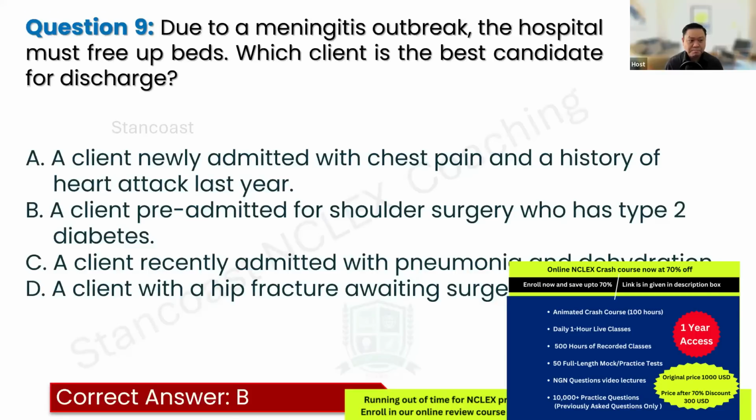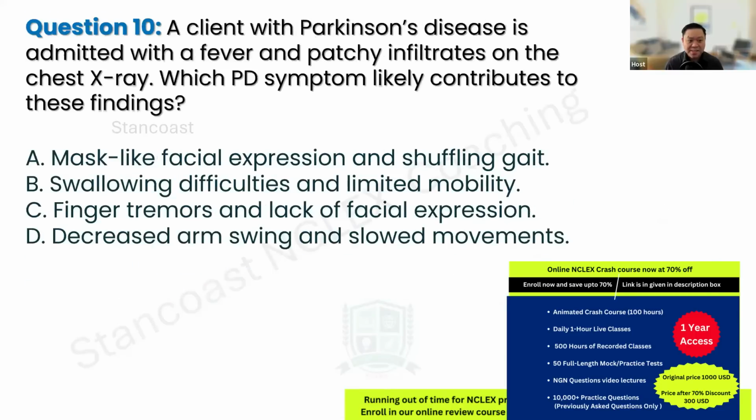Number 10. A client with Parkinson's disease is admitted with a fever and patchy infiltrates on the chest x-ray. Which Parkinson's disease symptom likely contributes to these findings? A. Mask-like facial expression and shuffling gait. B. Swallowing difficulties and limited mobility. C. Finger tremors and lack of facial expression.